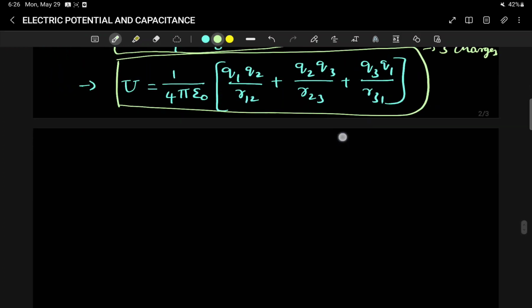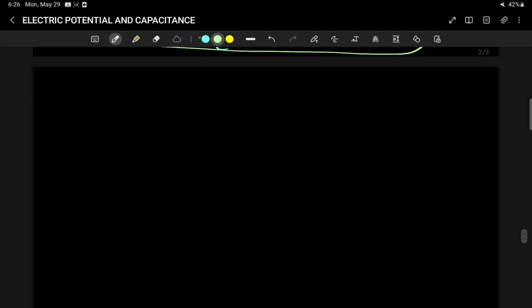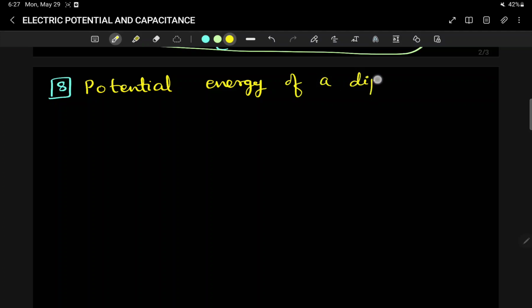Okay? Next, 8th one, potential energy of a dipole placed in a uniform electric field.